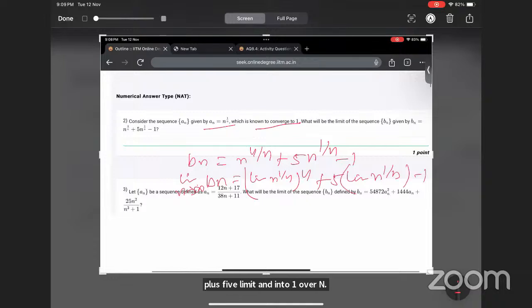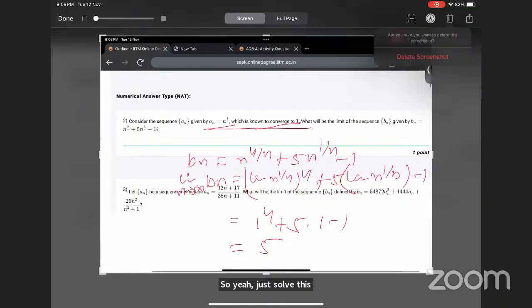We can write it as it is. Now we know that the limit is 1, so we just put the value. So it will be 5. This type of question is also common, so just solve this type of thing.